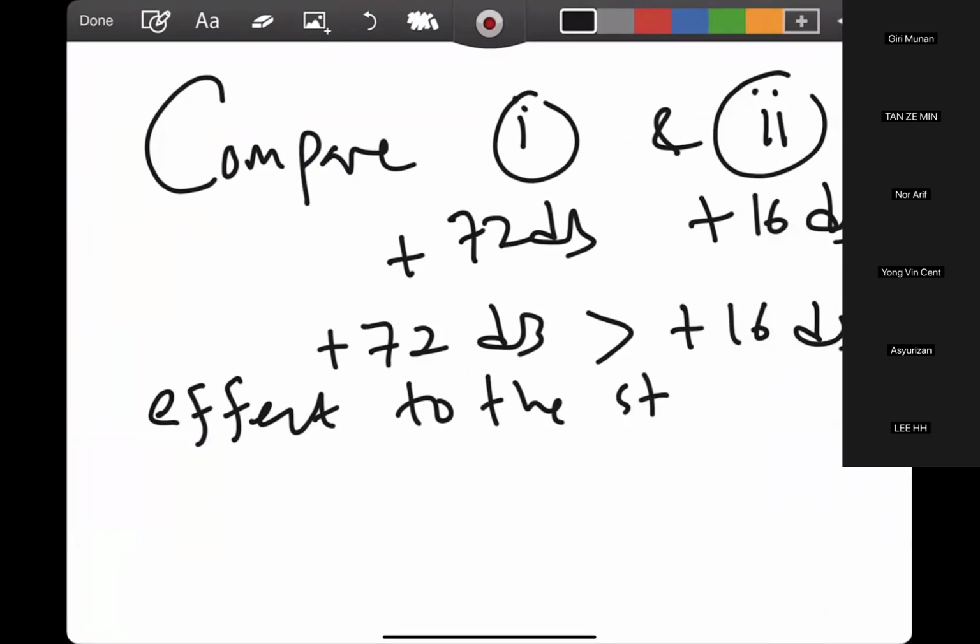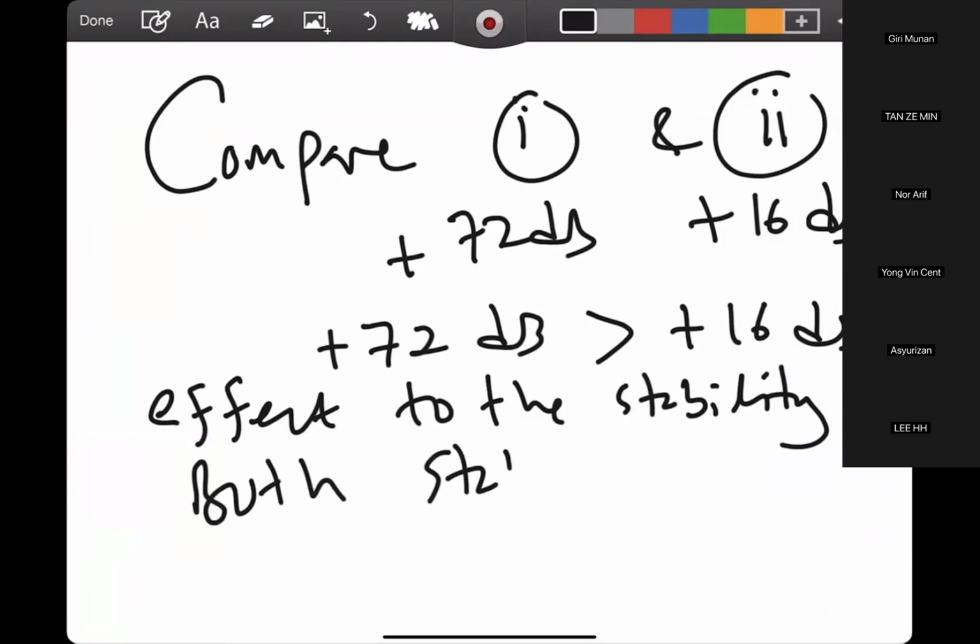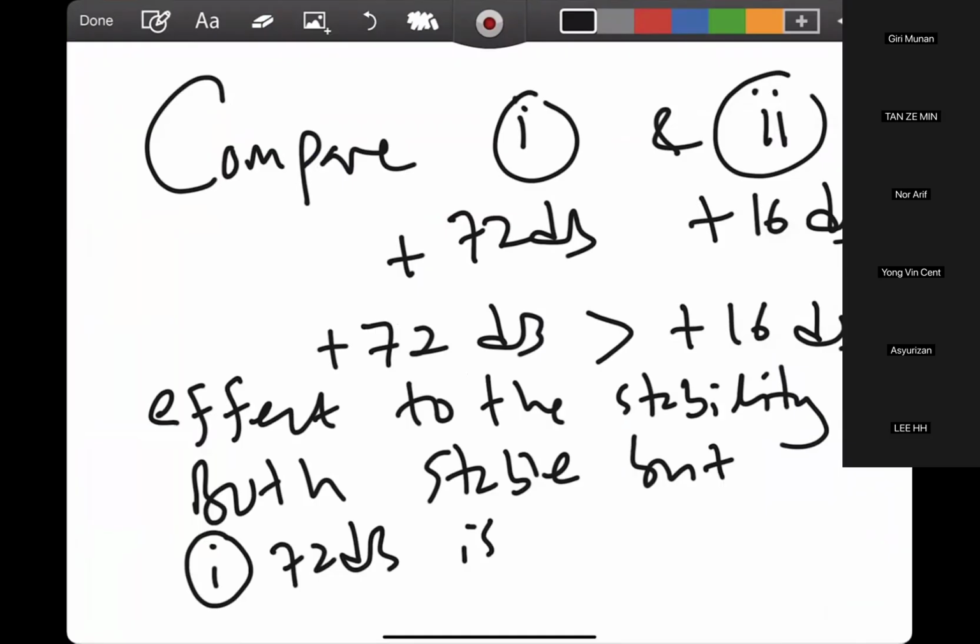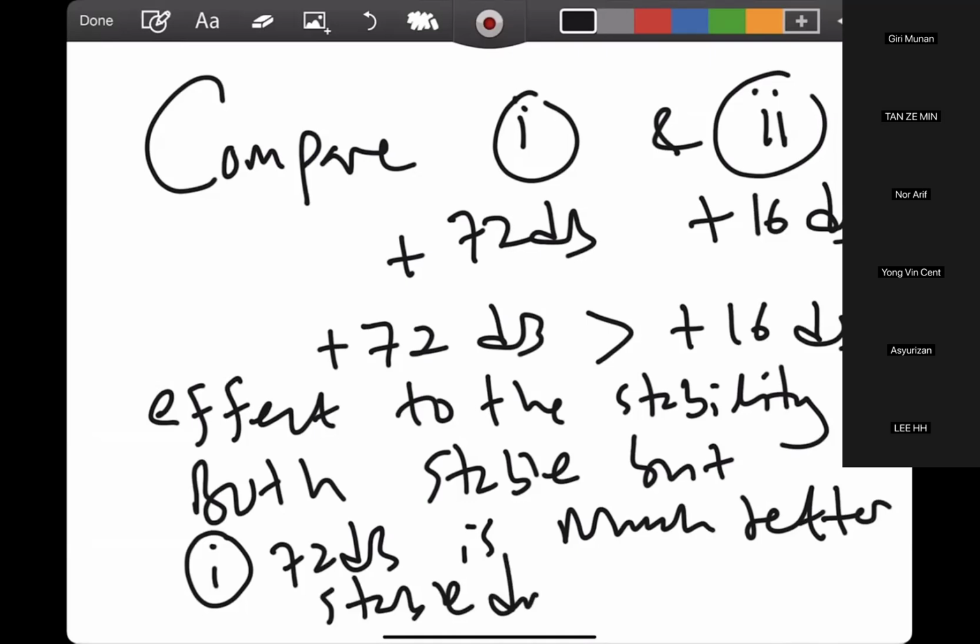Both stable kan? Both stable. But 72 dB is much better stable due to big value.